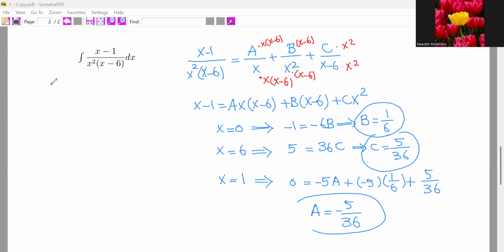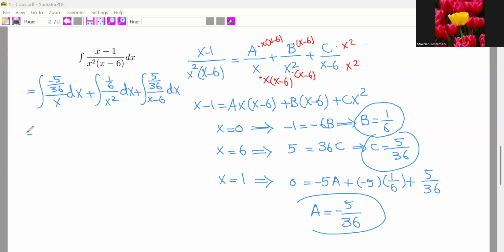Okay, let's go back to the integral. That would be rewritten with 3 integrals. The first one is a, which is negative 5 over 36 over x dx, plus the second one will be b, which is 1 over 6 over x squared dx, and the third one will be c, which is 5 over 36 over x minus 6 dx.